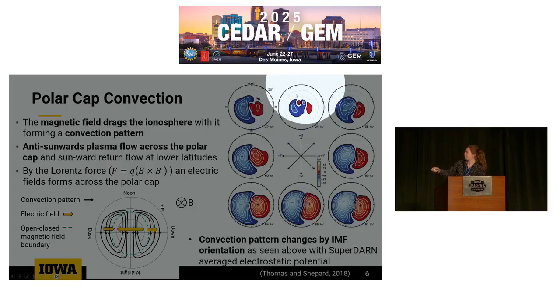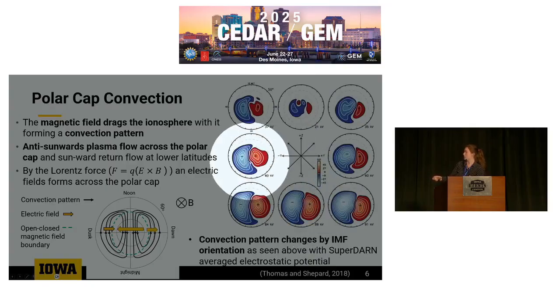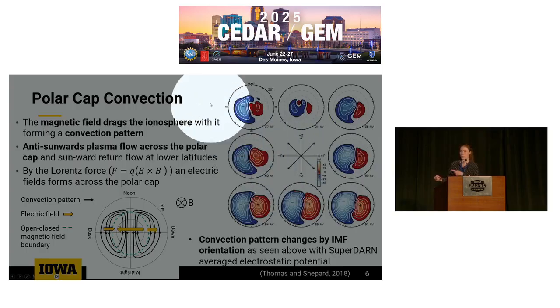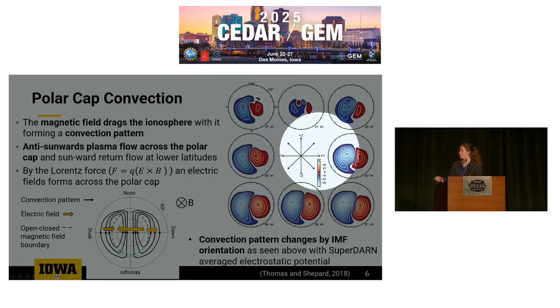So we have less efficient convection, but for southward IMF, we have a lot more convection. And then the distribution of the two-cell convection pattern changes depending on if we have a more BY-oriented IMF, or in the negative BY direction.